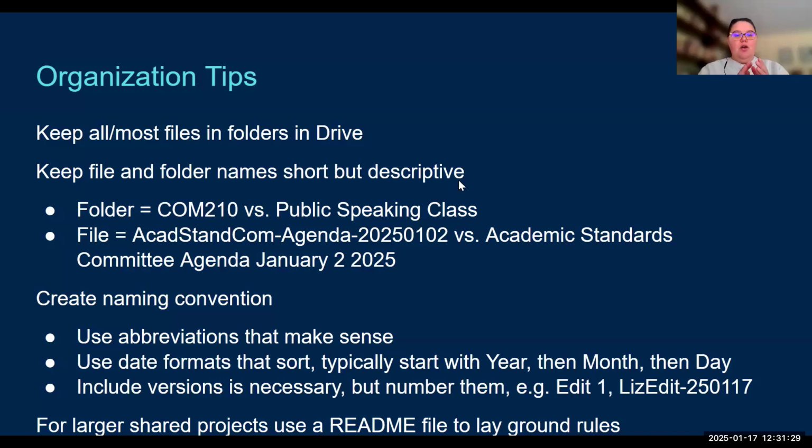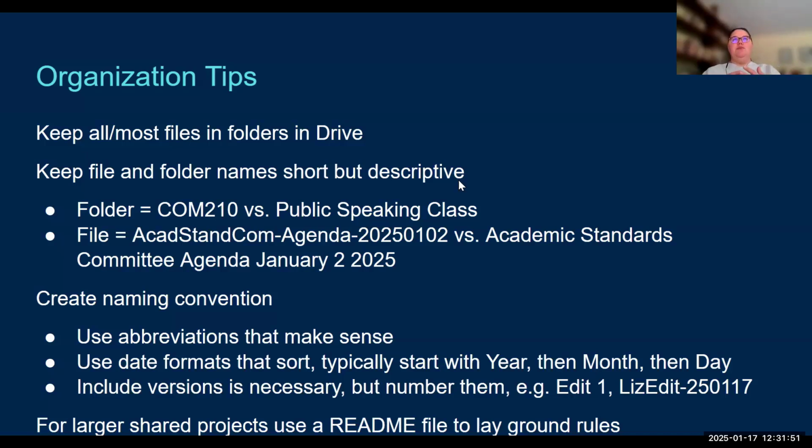When that happens, create naming conventions that are shared. So, abbreviations that make sense. Use date formats that sort well. Typically when I do this, I start with the year, so things that are happening in 2024 will come before things that happen in 2025. So year, then month, then date.